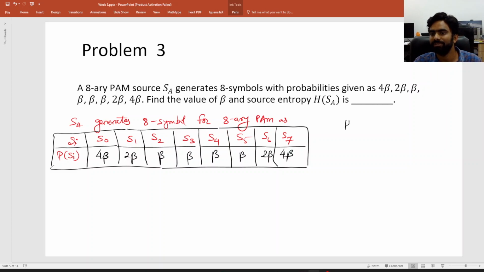And what is the entropy of SA? H of SA will be sigma over i of P of i log 2 of 1 upon Pi, where Pi is the probability that the variable S will take the value S of i.